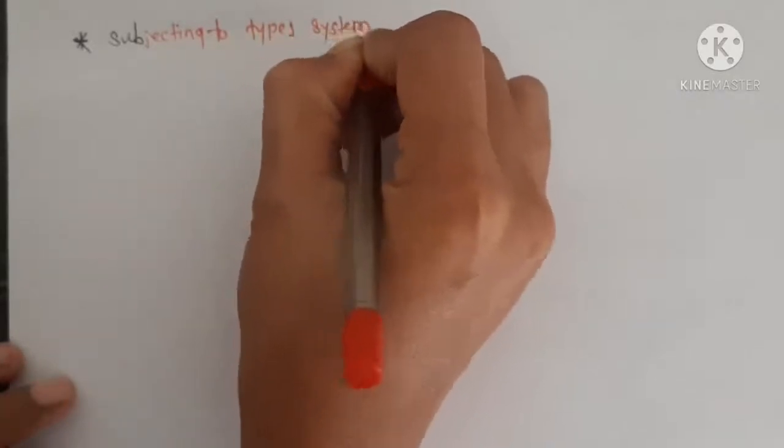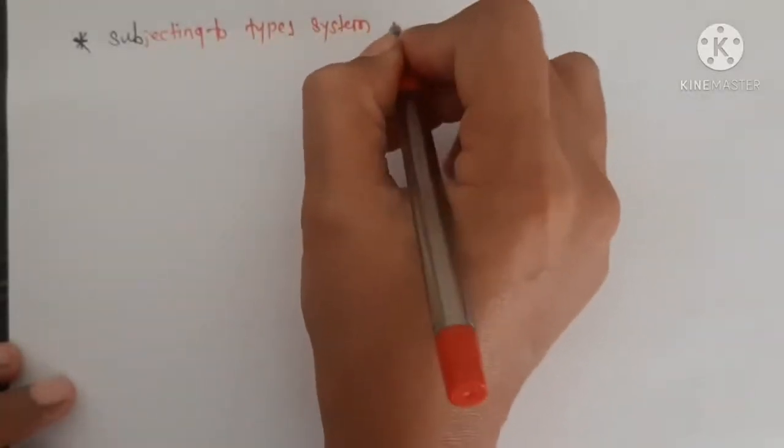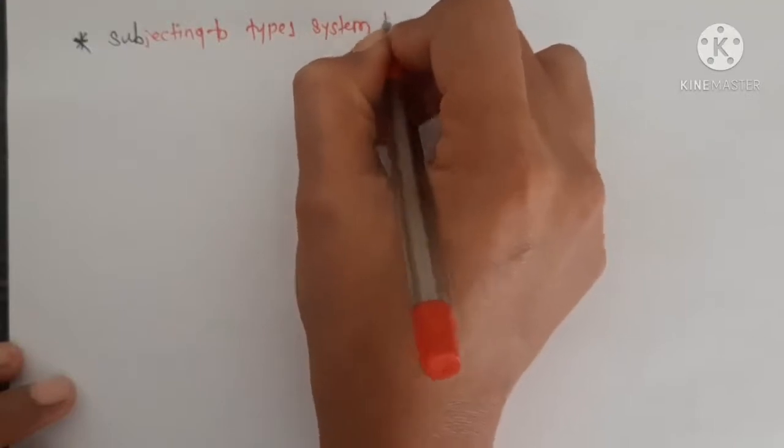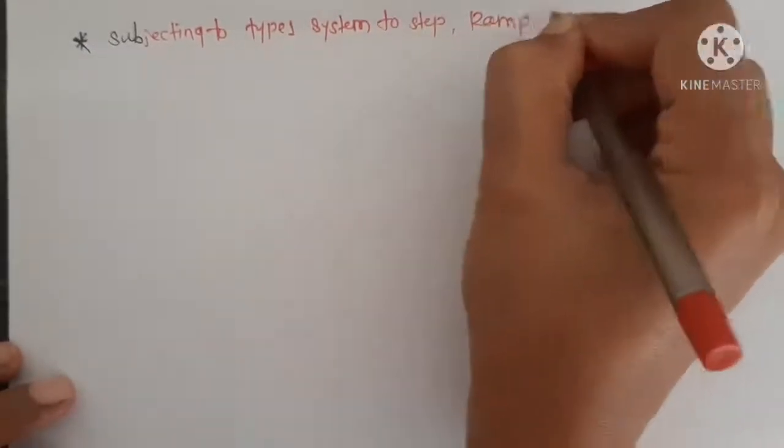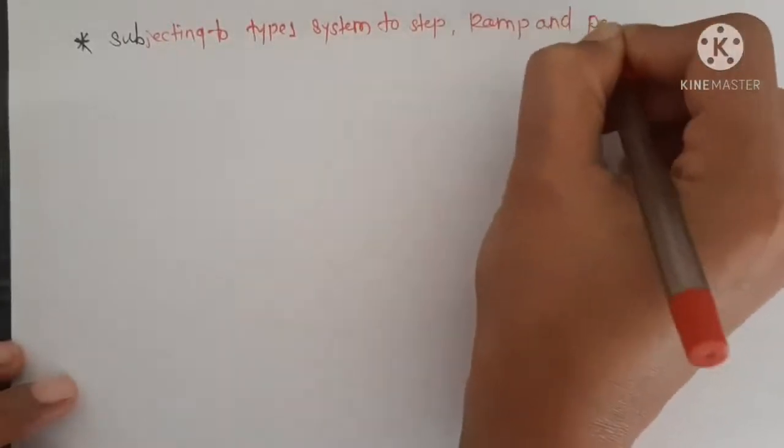We have seen the definition of type, step, ramp and parabolic.